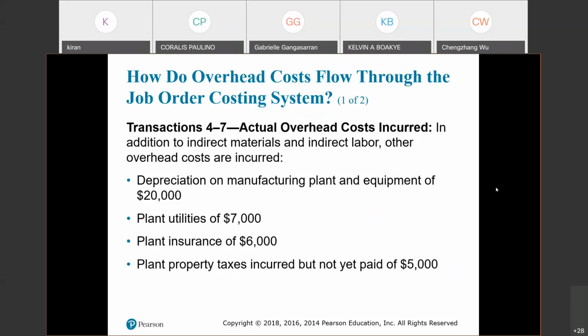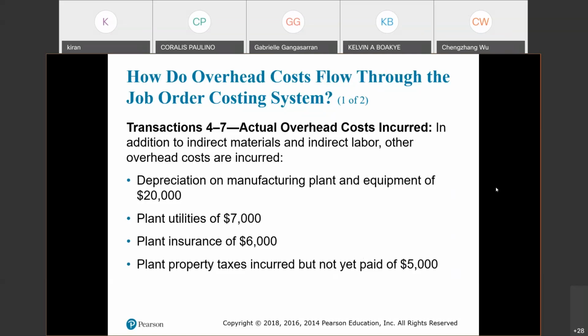Well, let's assume there are 4 transactions, all about manufacturing overhead. The first transaction, depreciation on manufacturing plant and equipment of $20,000. Second, plant utilities for $7,000.